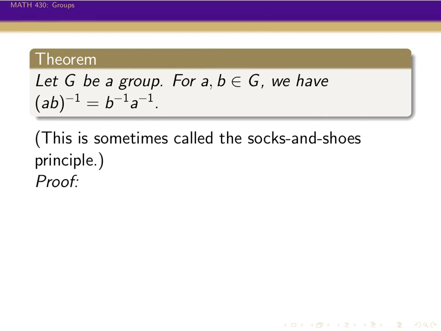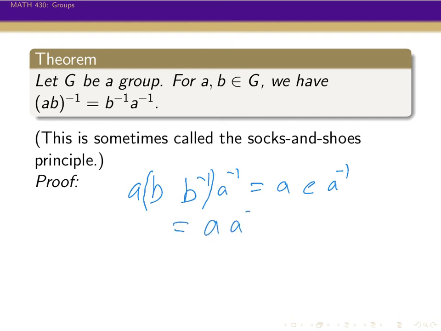Okay, so why is this true? This really is just a simple calculation. If I look at AB times B inverse A inverse, I can order this any way I want. So I can do the B times B inverse in the middle first, and that's going to be A times the identity times A inverse. But the identity is not changing anything, so that's just A times A inverse, and they cancel each other off and give me just the identity.